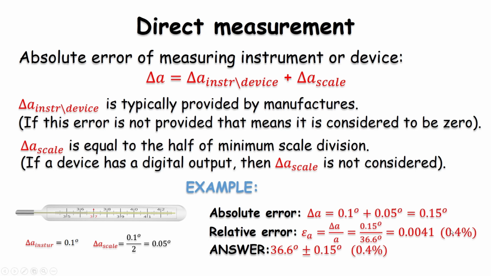So the final answer should be written as 36.6 degree plus minus 0.15 degree and 0.4%, meaning that the error of our temperature measurement is 0.4%.